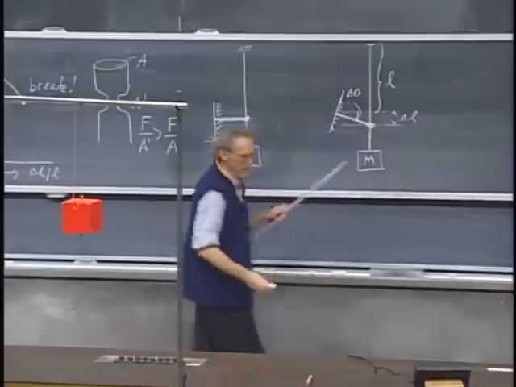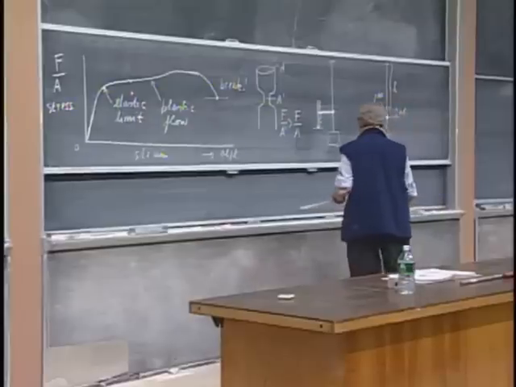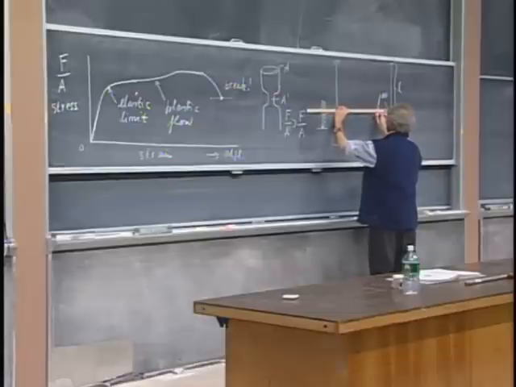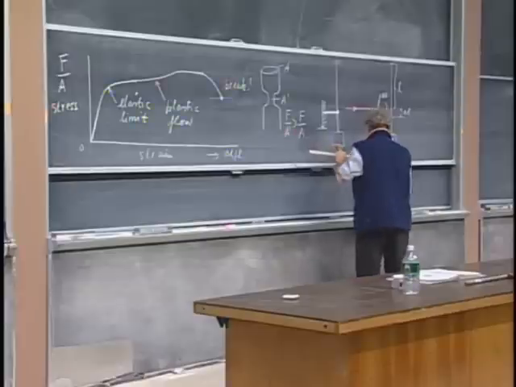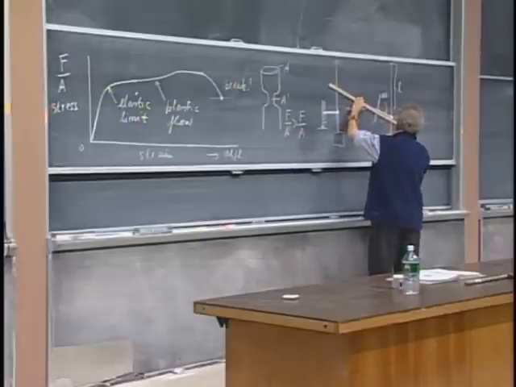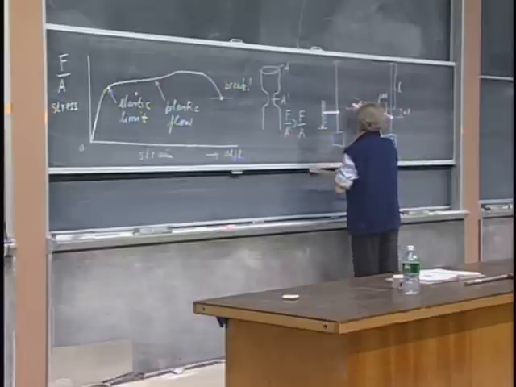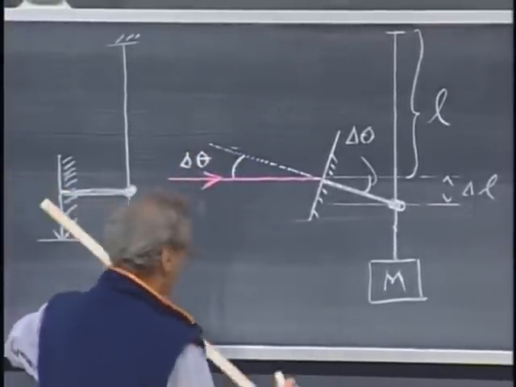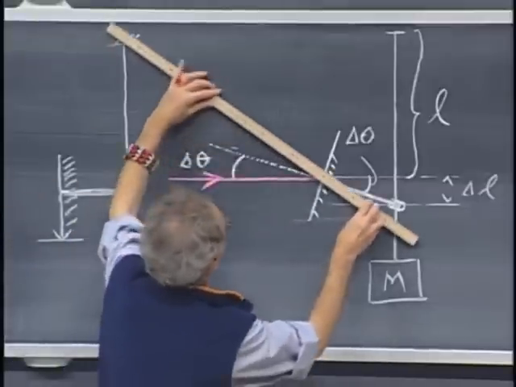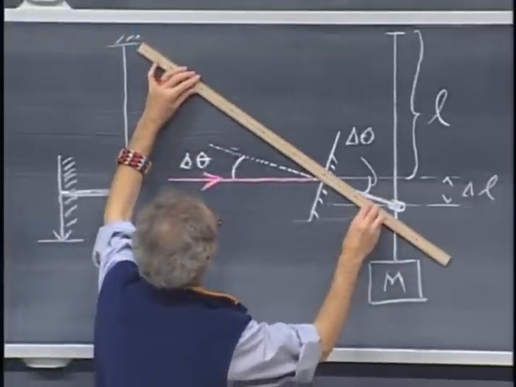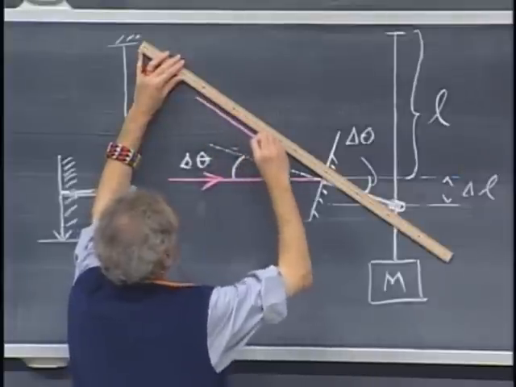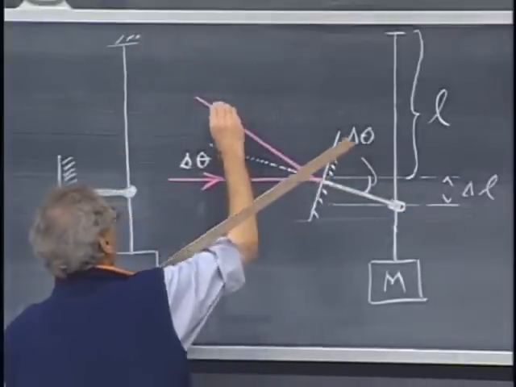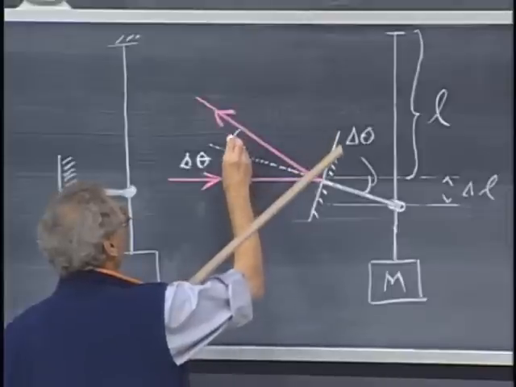And then we have a laser beam, which we shine onto the mirror. The laser beam comes in like so. And this is the normal to the mirror. So this angle here is delta theta. The laser beam bounces off and returns like so. And this angle, of course, is also delta theta.